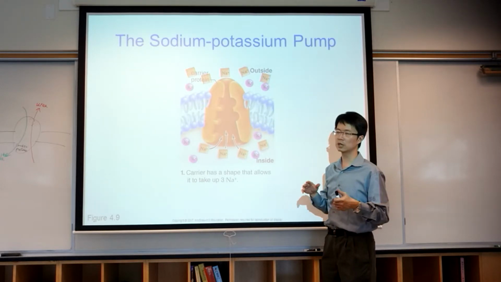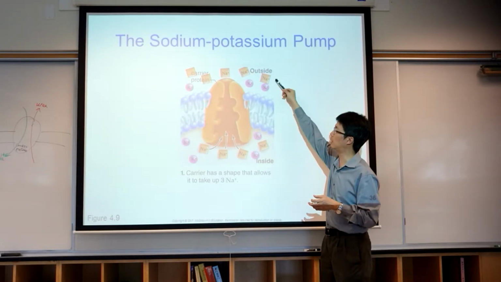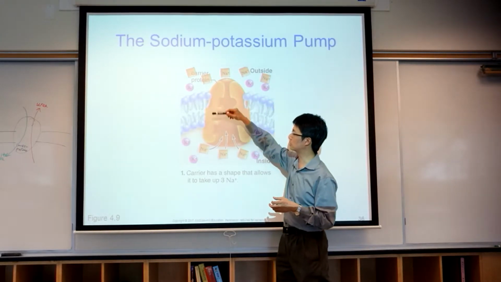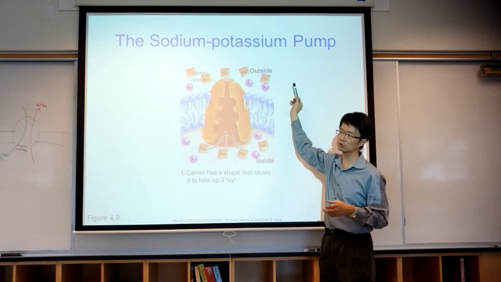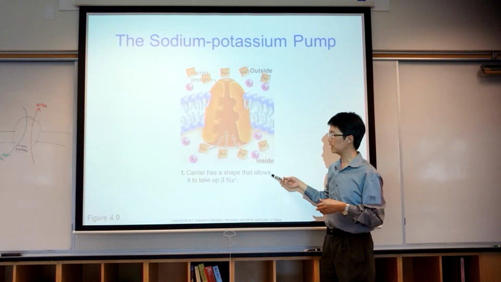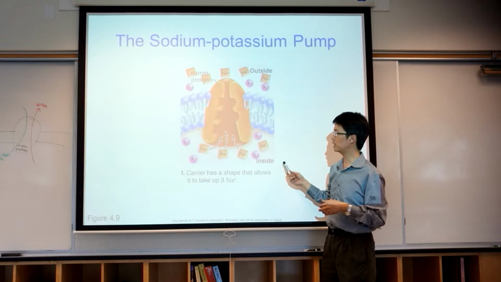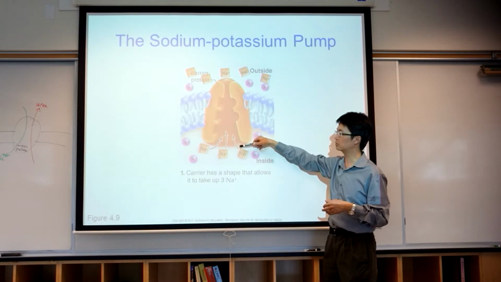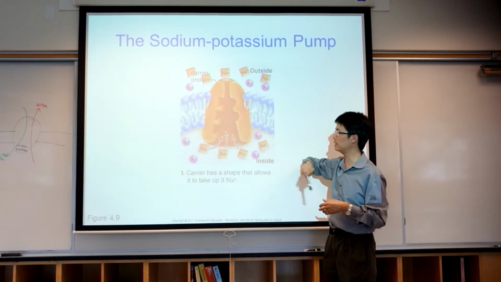In other words, sodium normally wants to go from outside to inside. But because this carrier uses the energy from ATP, it can transport the sodium against the concentration gradient, from inside to outside.